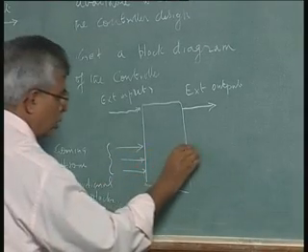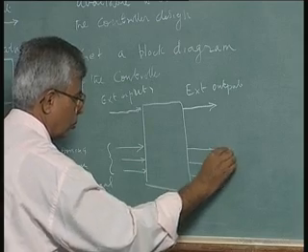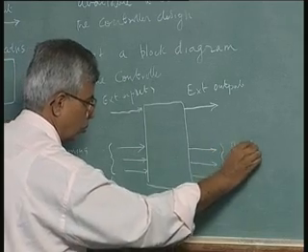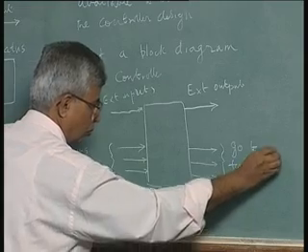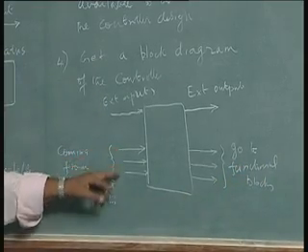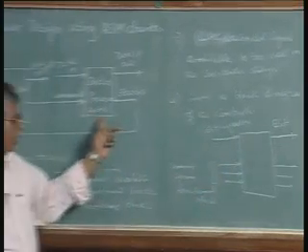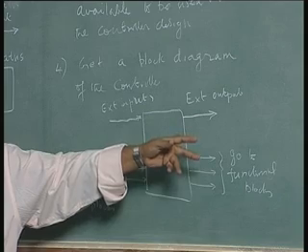And these are the signals going to the functional blocks. Each one of them I should be able to map. Each of these signals I should be able to map to one of the signals available in the functional block. Each one of these I should again be able to map to the functional blocks.